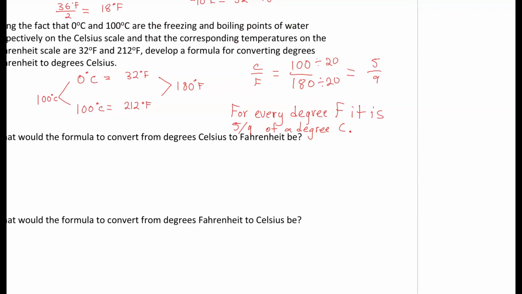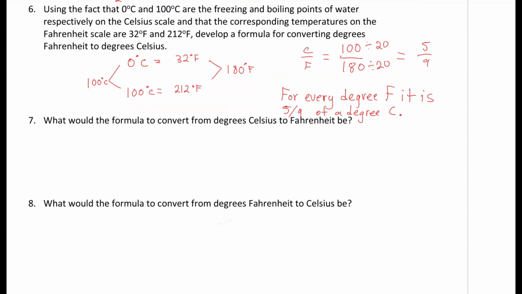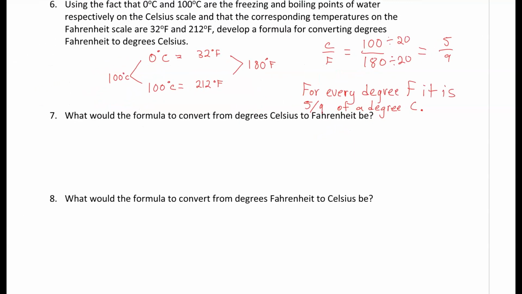So 1 degree Fahrenheit is 5/9 of a degree of Celsius. Now, we're going to put this into a formula to figure out how to switch back and forth. So Celsius equals 5/9 of a degree of Fahrenheit.